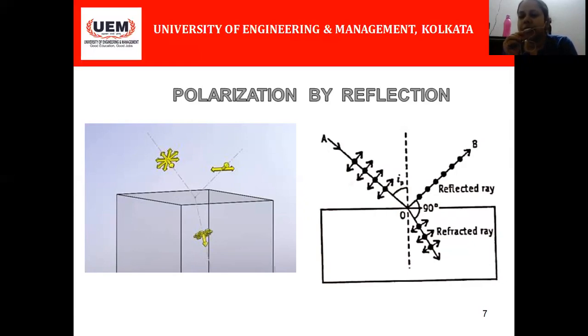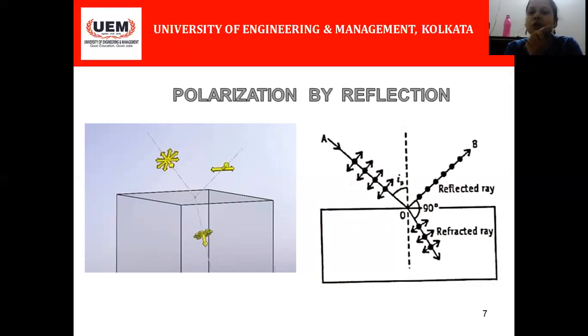So what is happening is the reflected ray is completely polarized, and in this particular picture we have said that the direction of polarization of the reflected ray is perpendicular to the computer screen. So we have depicted it by dots because it's perpendicular to your computer screen.